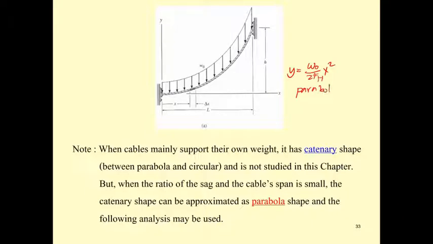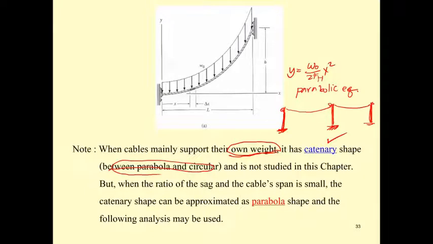However, when we have a cable such as the cable between two electrical poles that is used to transmit electricity to our house, those kinds of cable are subjected mostly to their own weight. When it's subjected to its own weight, it's going to have the catenary shape, which is the shape between the parabola and circular.